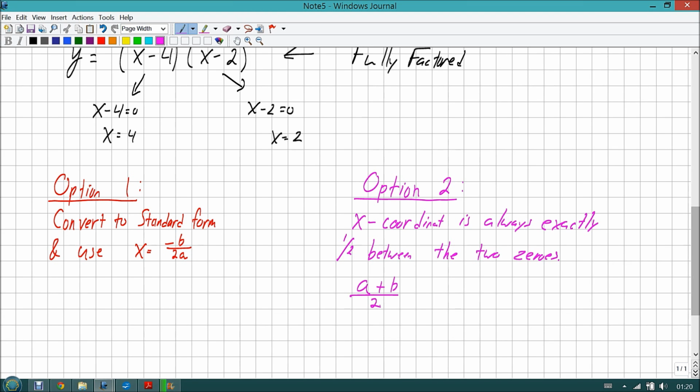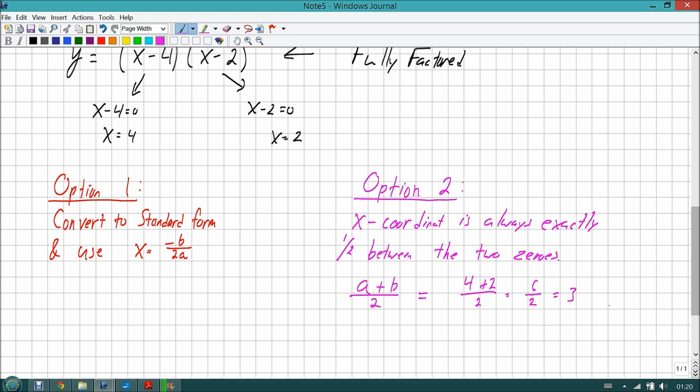And the midpoint formula is a plus b over 2. So in this case, the midpoint formula for what we're given would be 4 plus 2 over 2, which is 6 over 2, which is 3.